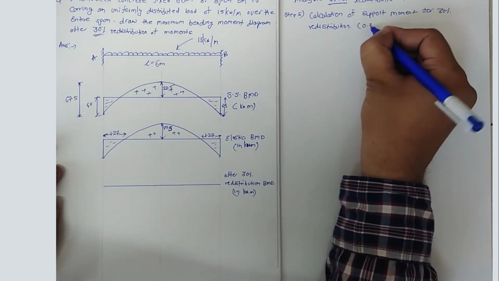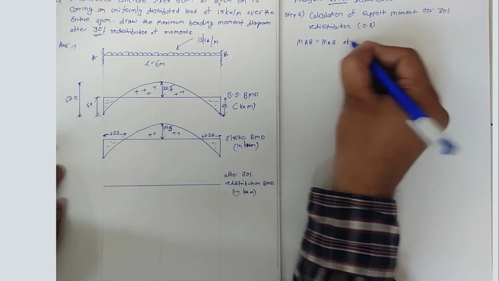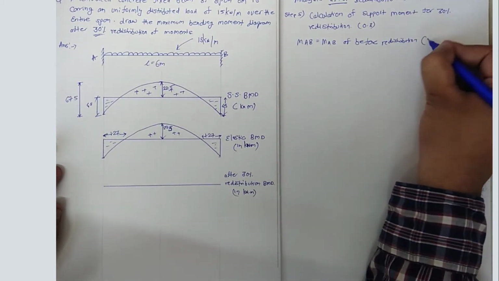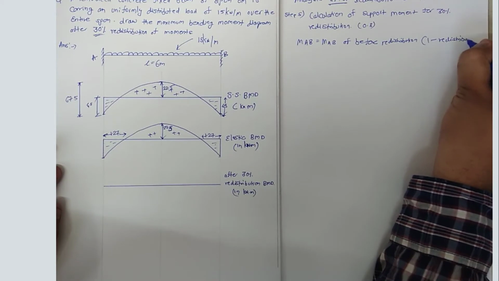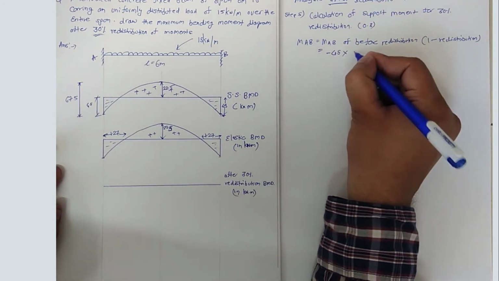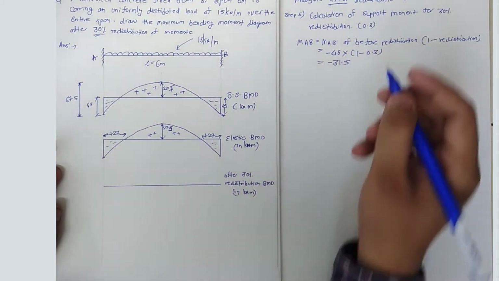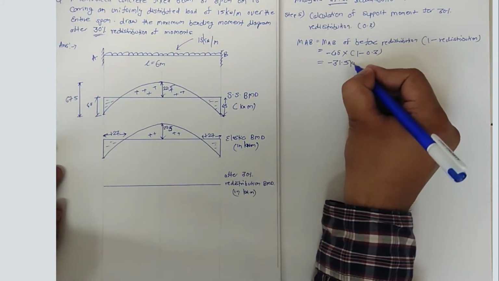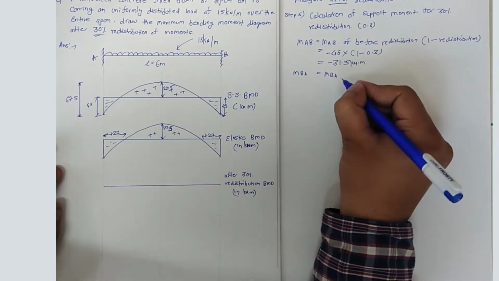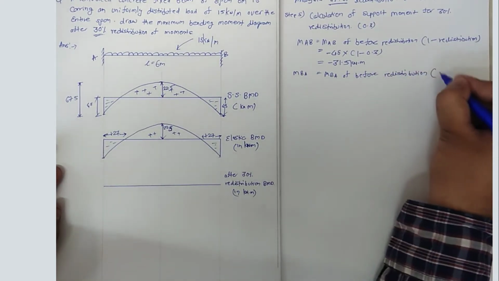That means 0.3. Now MAB equals MAB before redistribution into 1 minus redistribution.